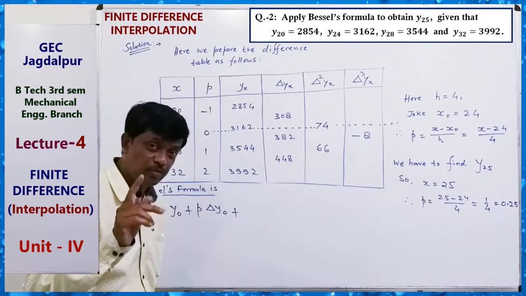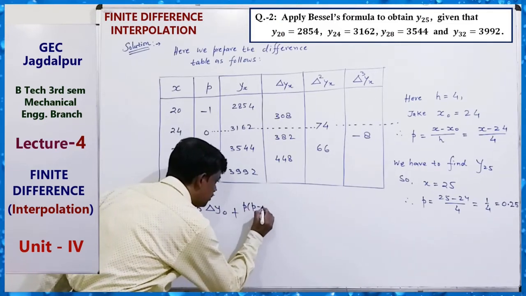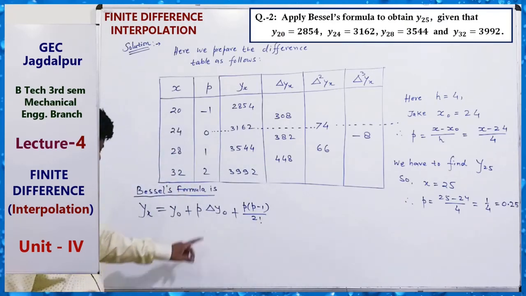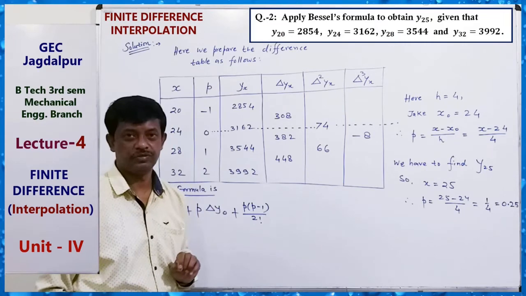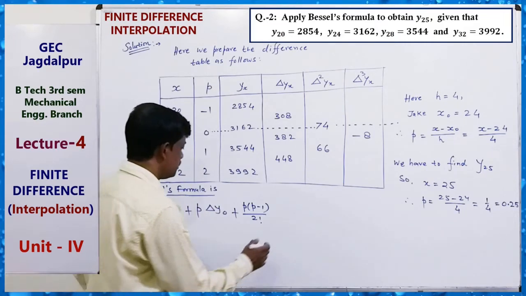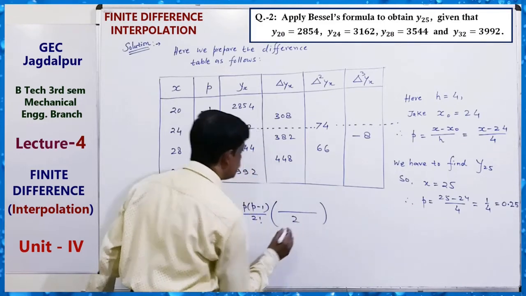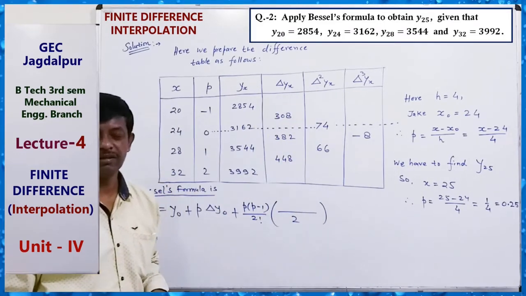Just remember the formula and write. Here p is p, and then the average of these two second differences.